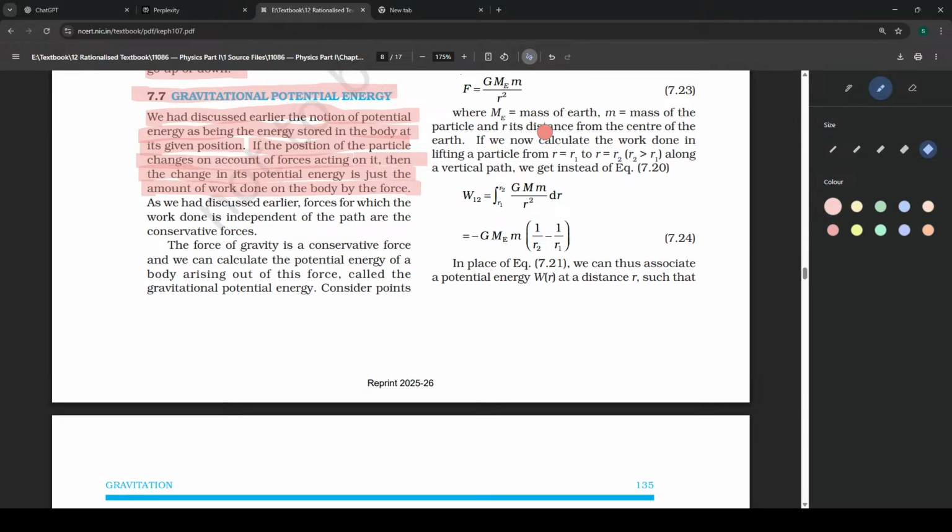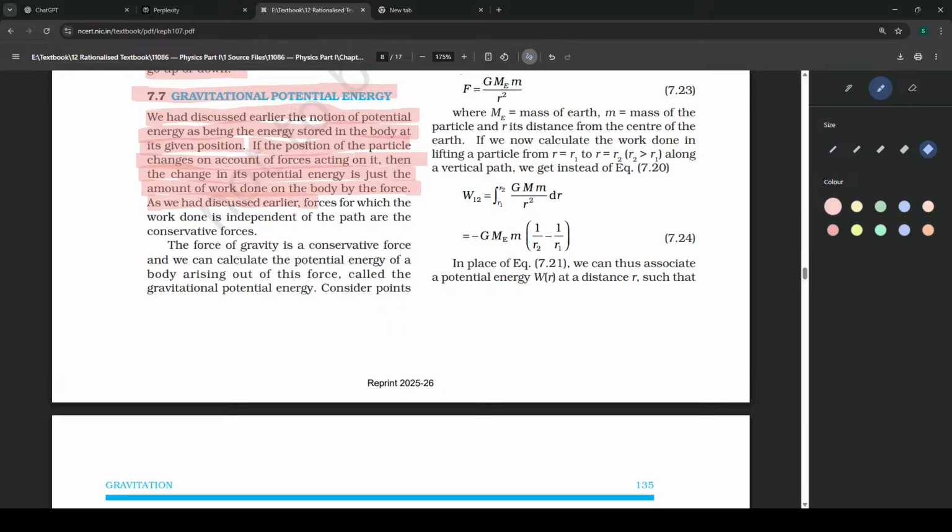If the potential energy increased, the work done is positive. If the potential energy decreased, then the work done is negative. If there is a force on a body, and because of that force there is a change in configuration of the body, the work done is calculated from the change in potential energy from initial position to final position.